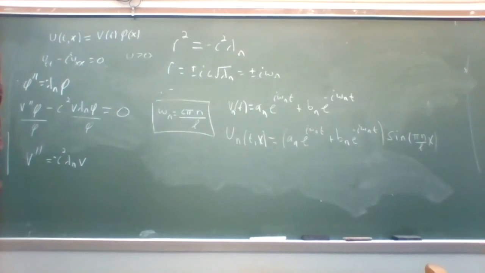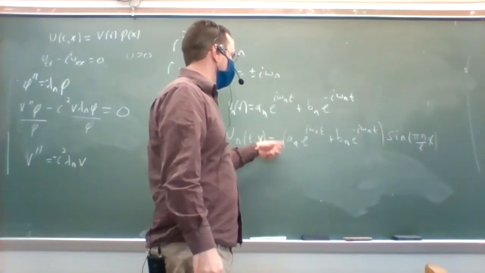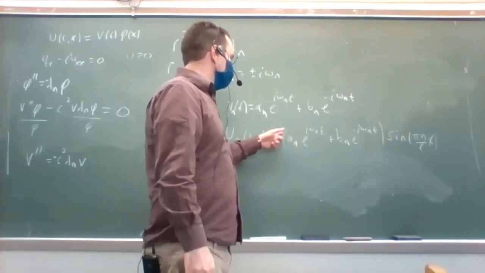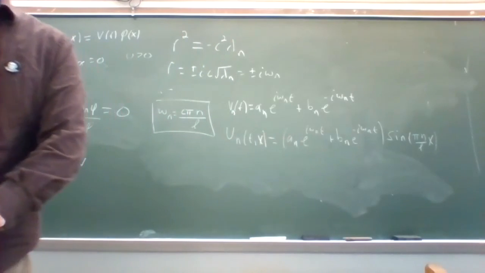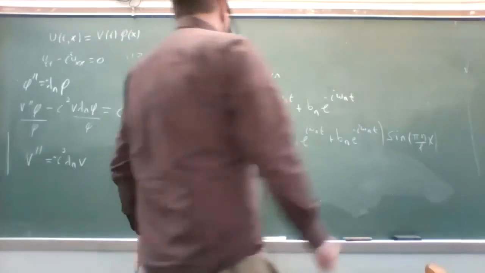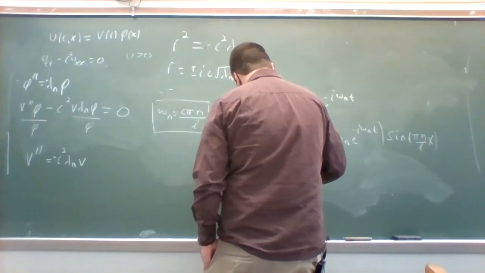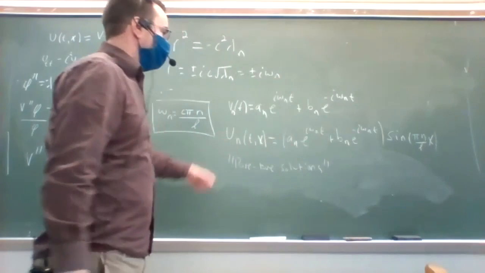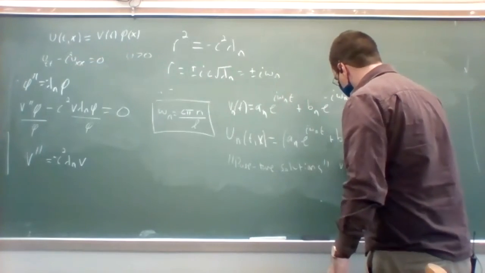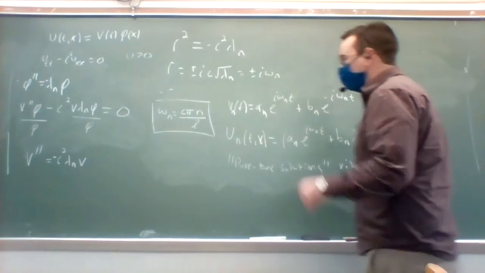By linearity, if this is a solution, certainly any scalar times this is also a solution. These are the so-called pure tone solutions that model vibration of the string at frequency omega n.